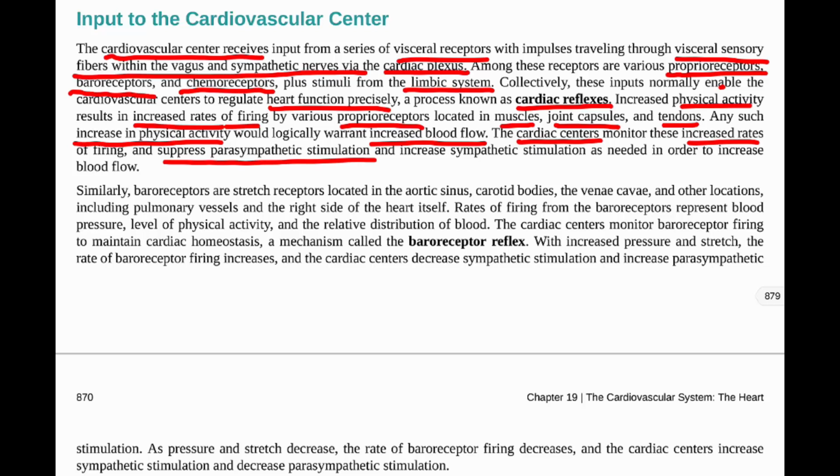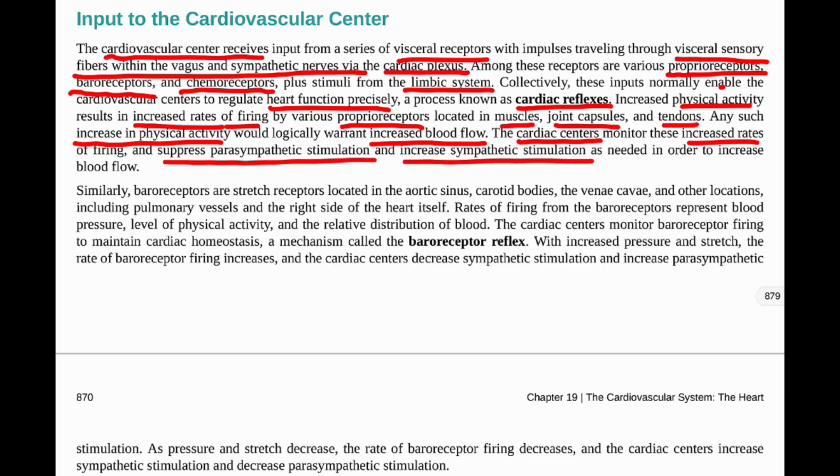That information goes to the cardiovascular center. The cardiovascular center then says, okay, we need to increase heart rate. We're going to do that by suppressing that message we're already sending to say slow down, slow down. We're going to suppress the parasympathetic stimulation, and then we're going to increase the sympathetic stimulation.